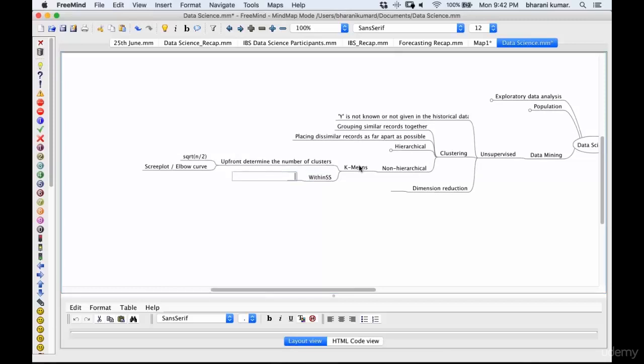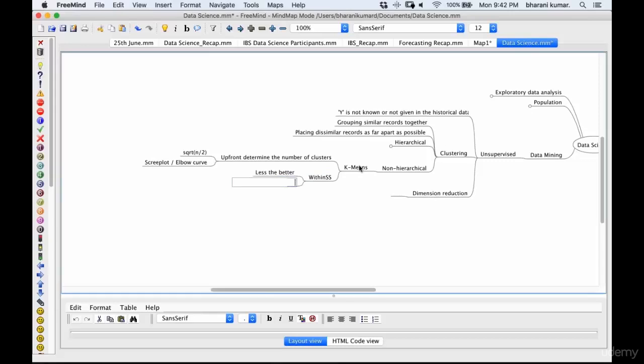Within sum of square value, less is better, because less implies more closeness, which implies more similarity. That's within sum of square.